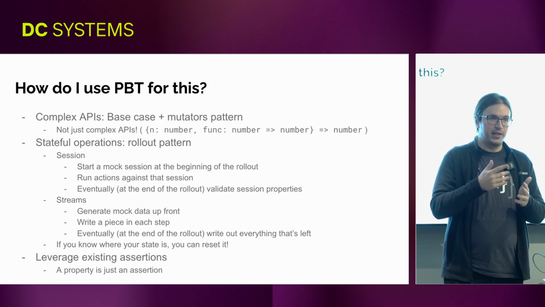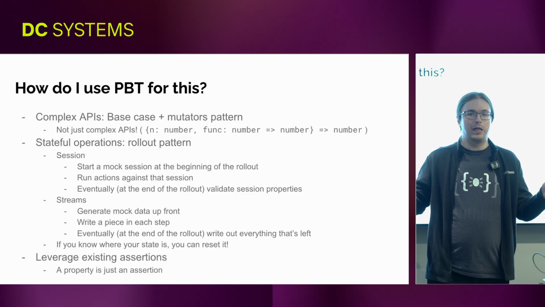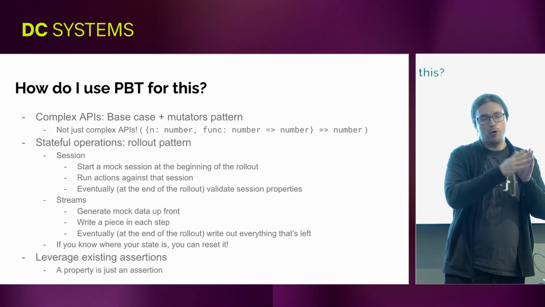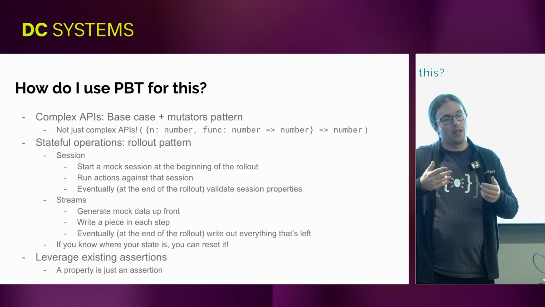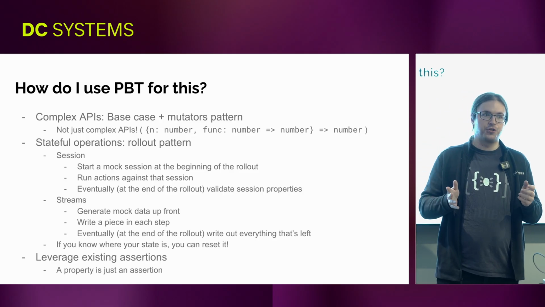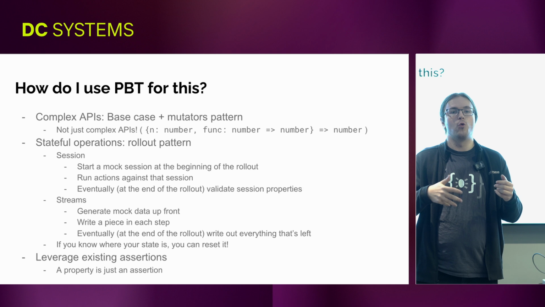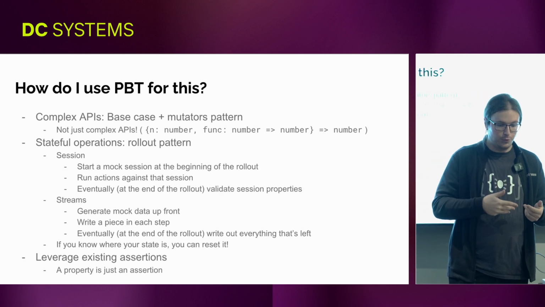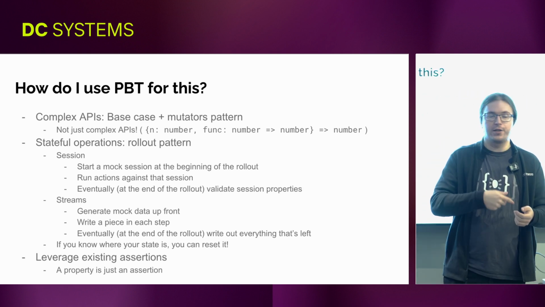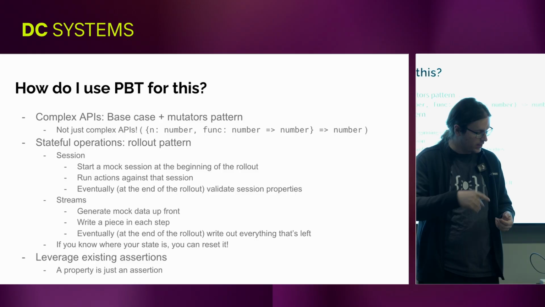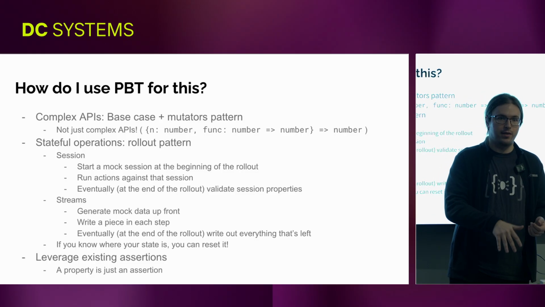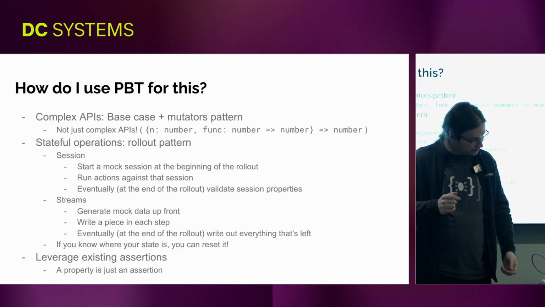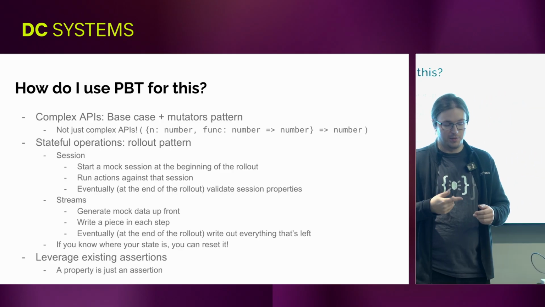Or for a stream, you pre-calculate here's all the stuff that over the course of the rollout we're going to push into the stream. And over the course of the rollout, you run your operations against your thing. And sometimes you have validations that you can run in line. So while you're adding new content to the stream, while you're running new actions against the session, and the session, by the way, is just how the notebook communicates with our autonomous agent and with our deterministic simulation environment.